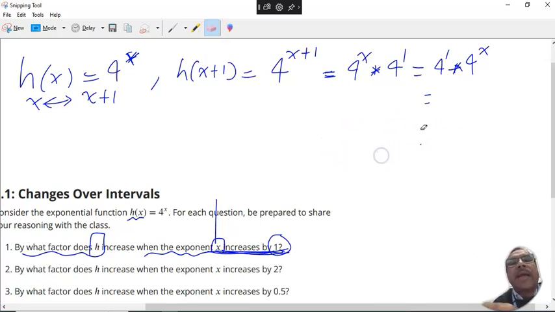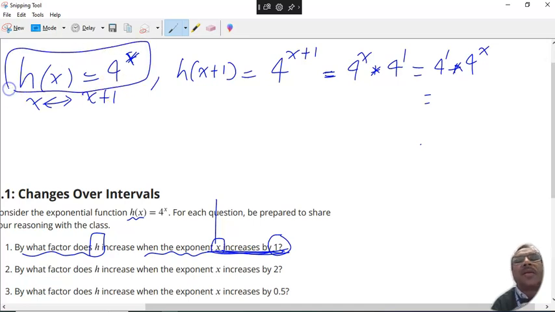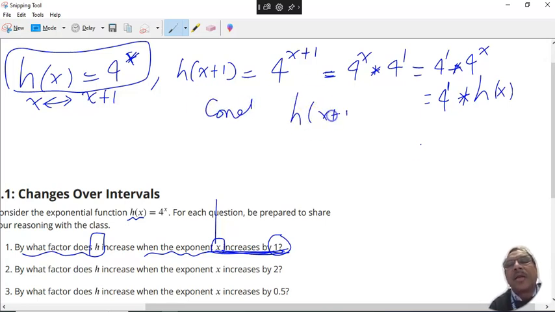The 4 raised to x is the original function. So this is 4 raised to 1 times h(x). So we began with h(x+1) and we ended with this.